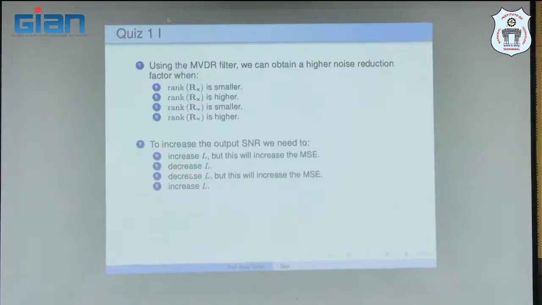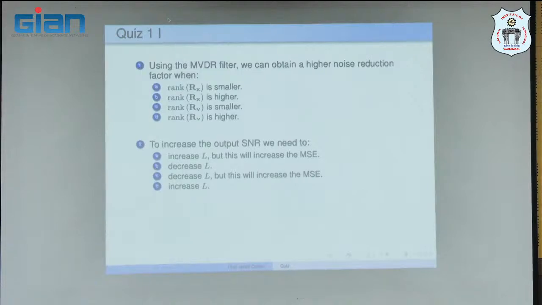You said C, D. Okay, D. If we increase L, we use more information because we use the correlation between any two samples. When we increase L, we can use more information. That means the correlation between distant samples. That's why we can increase the output SNR. Actually, when we increase L, what happens to the mean squared error? Decrease. So both the output SNR increases and the MSE decreases.